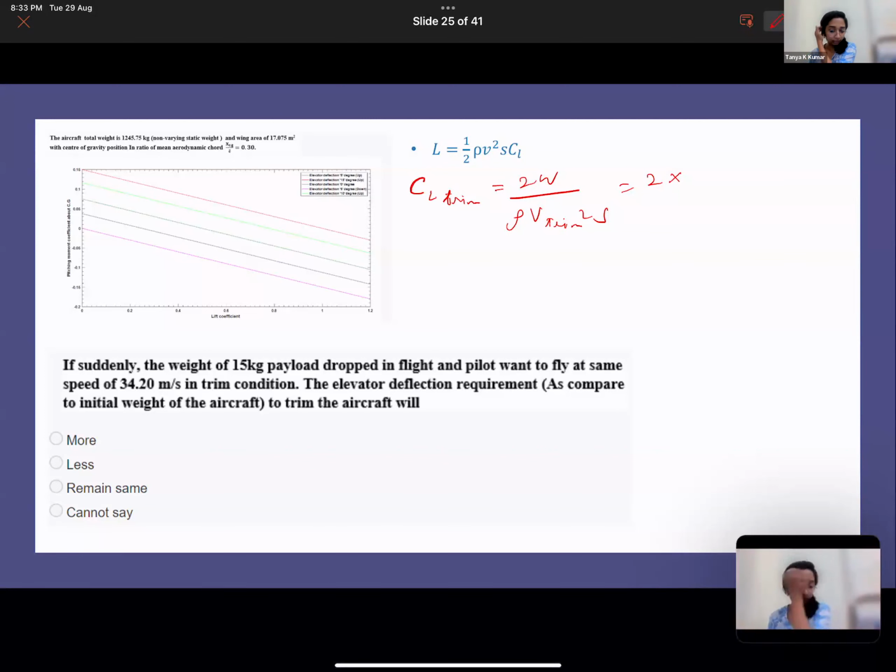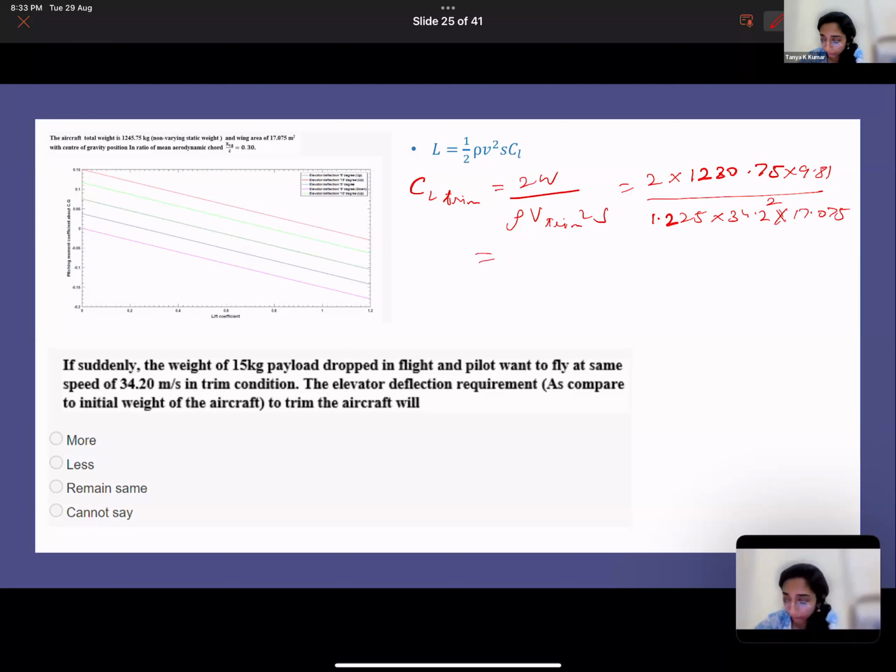Okay, let's proceed with this. So you have 2 into W. W now is 1230.75 into 9.81. Our density is the same, every other parameter is the same. 34.2 squared into 17.075.